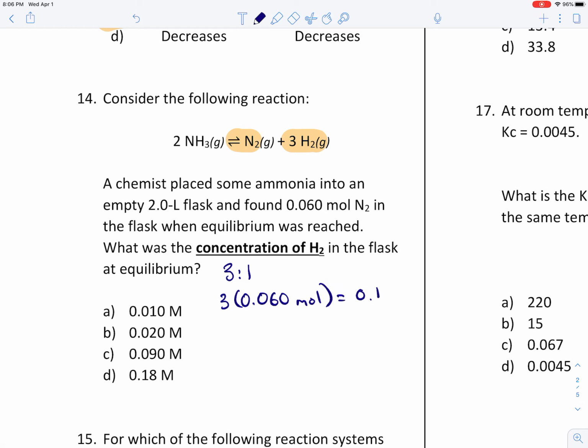That's going to be 0.18 moles of hydrogen produced. Now, the question wasn't asking for how many moles, it asked for the concentration. Well, concentration is moles divided by the volume. So if we take 0.18 moles, divide by the 2.0 liters, we get a concentration of 0.090, which is choice C.